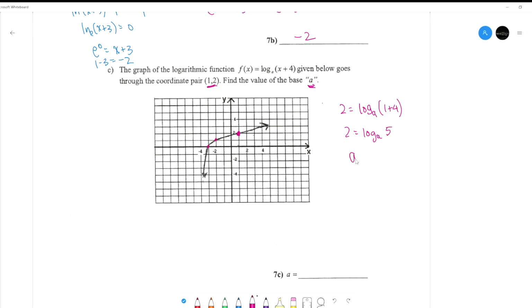So that means a squared is equal to 5. Does that make sense? So I can square root both sides, and we get a is equal to, since a is a positive number, it can't be negative, radical 5. That's not too bad, right?